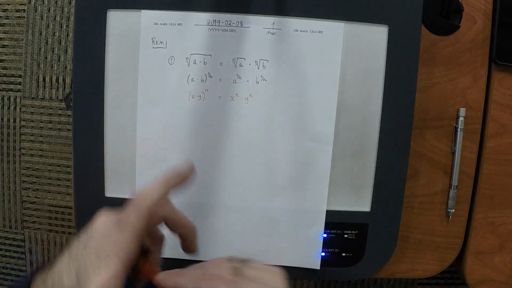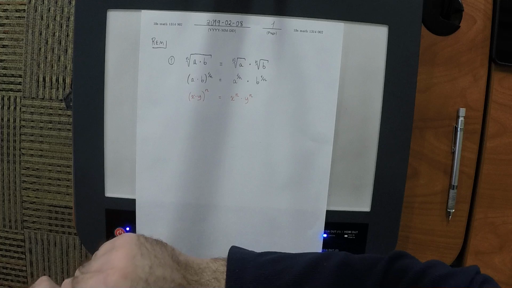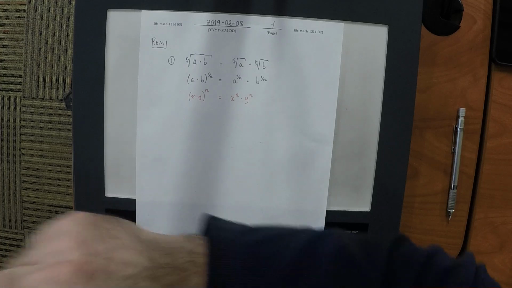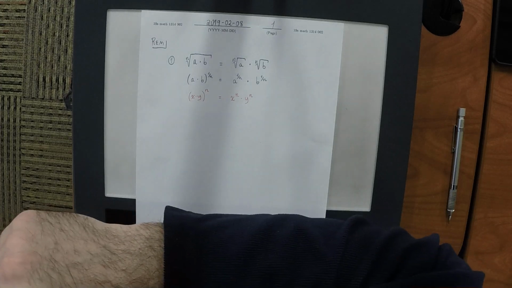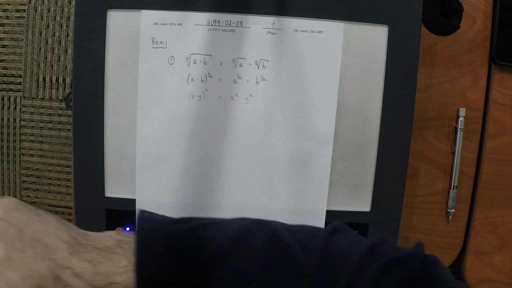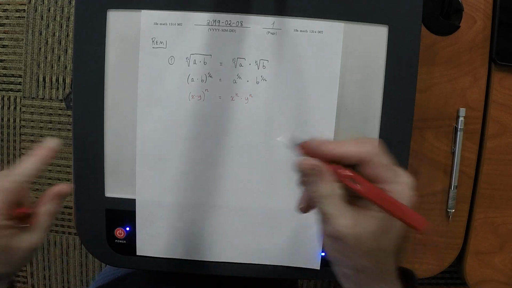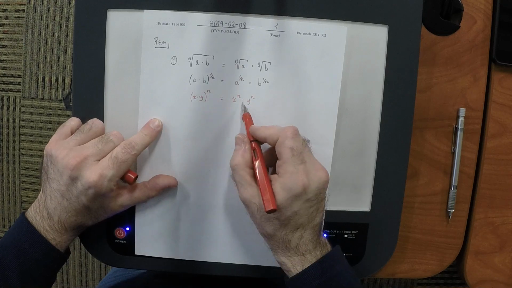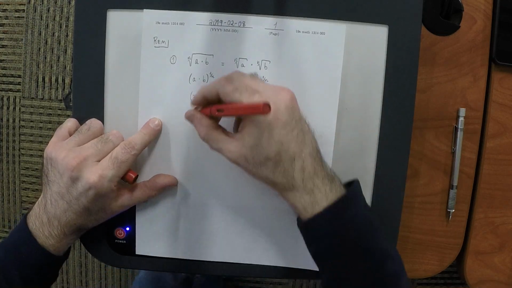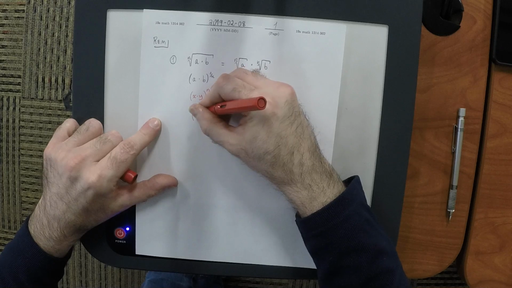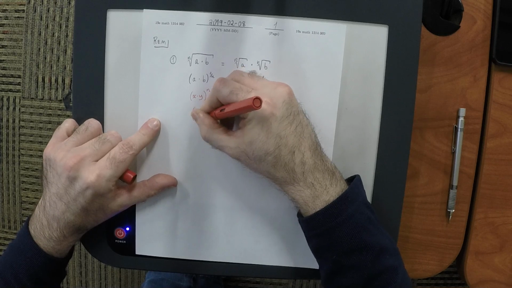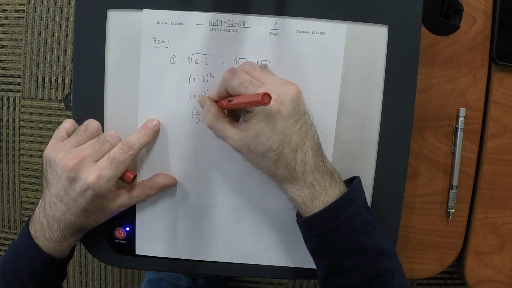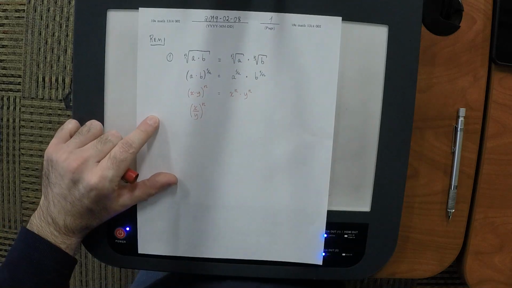Okay, good. Now, another thing that we've used some is the following: besides exponent distributing over multiply, we can also do it this way. We can say x divided by y, raise that to exponent n. And what do you get?